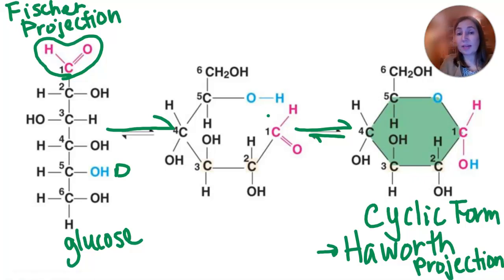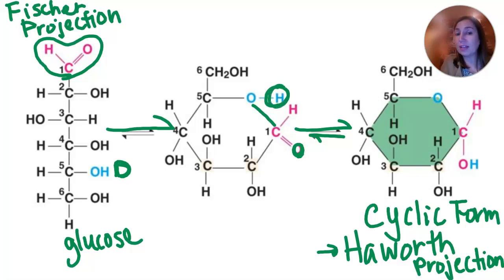Basically what happens to make the cyclic form is, in order for the aldehyde carbon to be able to form a bond to the O that makes that OH that makes it a D form, that aldehyde carbon has to bond to that oxygen, and the hydrogen that was on that OH has to be added to the carbonyl oxygen, to that C double bond O oxygen.